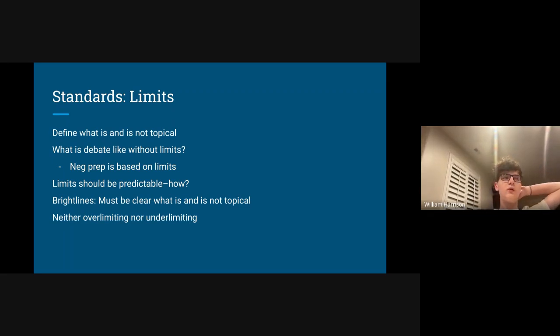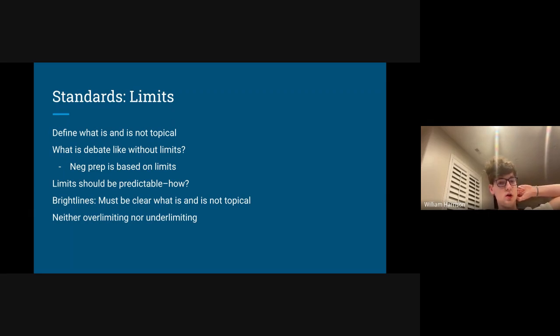I actually disagree with you here. I think that AF has infinite prep for their own AF. So no matter what amount of prep the neg does, the AF should always be prepared to debate them because they picked their AF. I don't think that underlimiting causes a structural neg skew.